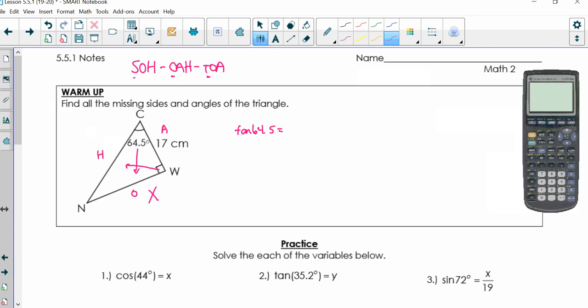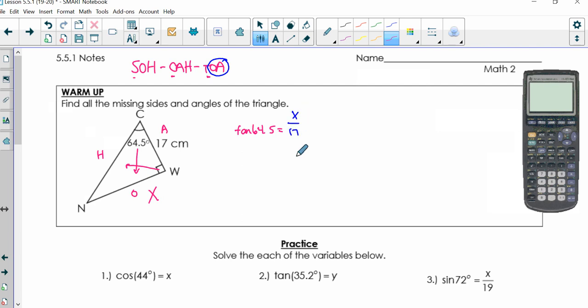Okay, but that should be the goal of maybe this section. All right, I know it was tangent because tangent uses opposite and adjacent, and I'm looking at my opposite and my adjacent.